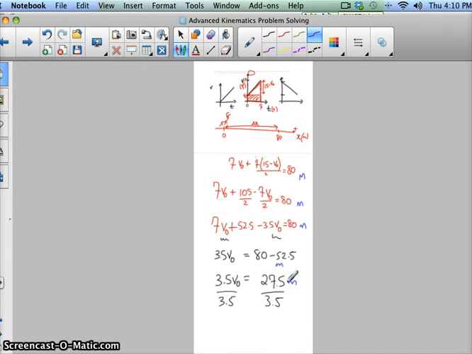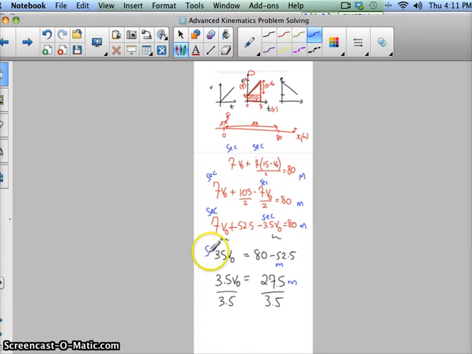Now, 3.5 must be in seconds. And if I look up here, my 7 right here was in seconds. That means this 7 was in seconds. This is in seconds.